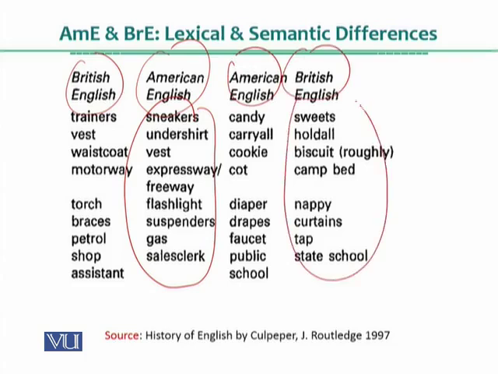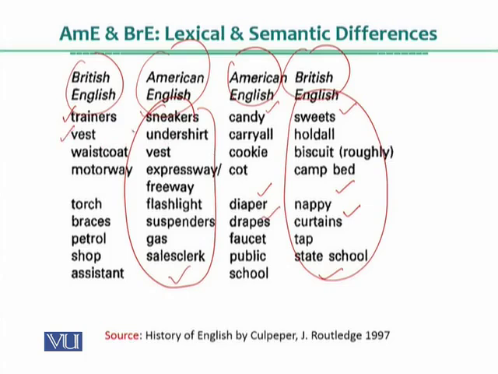These are the answers that I have encircled through these two larger circles. You can compare your answers and, just for a quick reference, if I just focus here, the American candy is the British sweets, for example. The American diaper is the British nappy. The American drapes are the British curtains. Again, in this list, the trainers and the sneakers, the shoes that you wear.